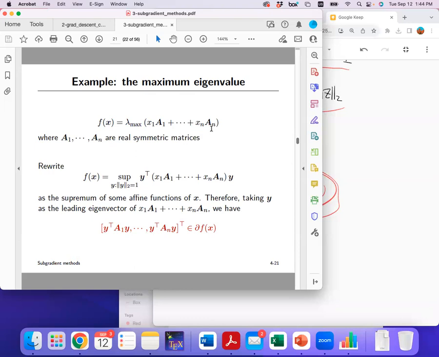Once you do this linear combination, you consider the maximum eigenvalue of this entire combined matrix.